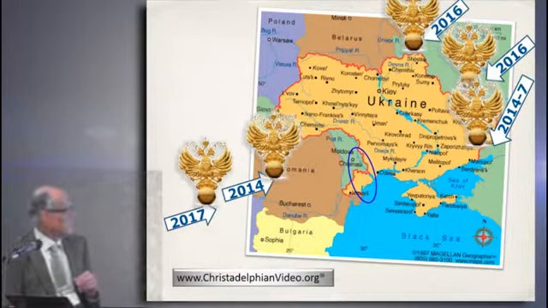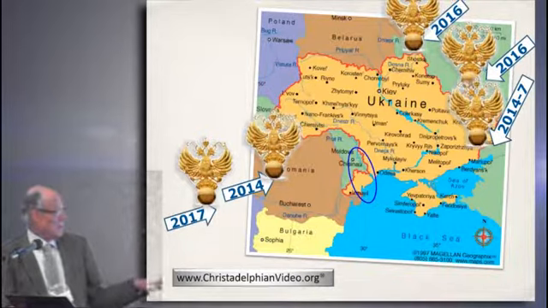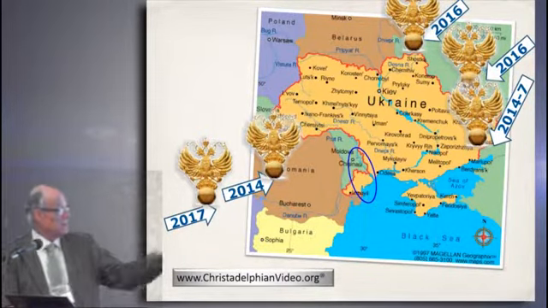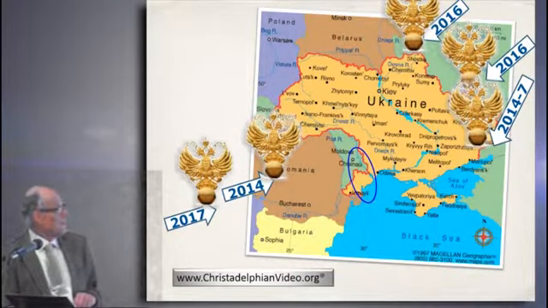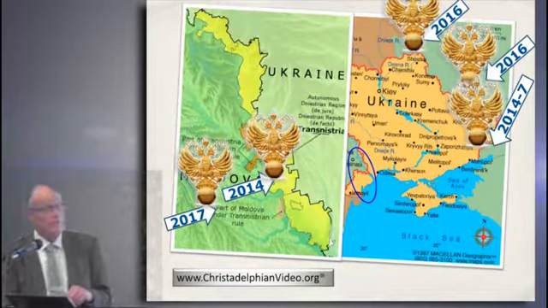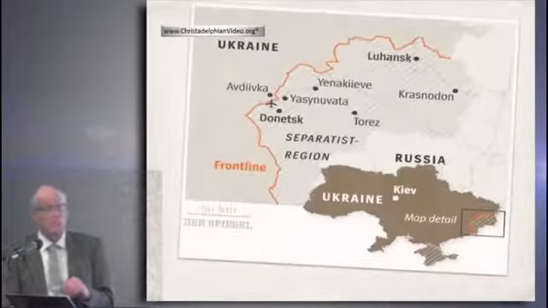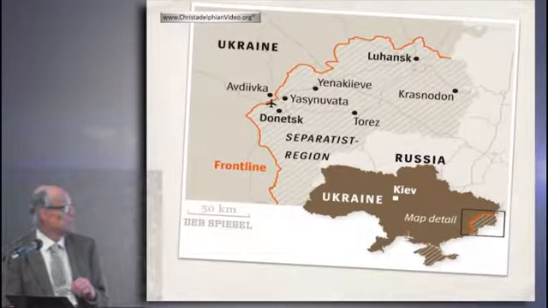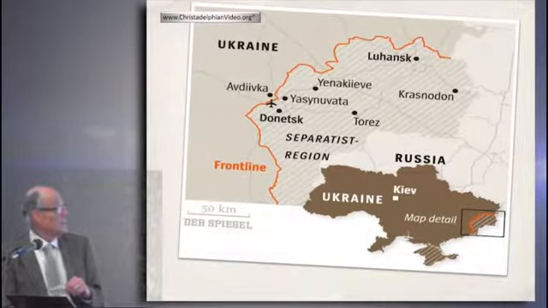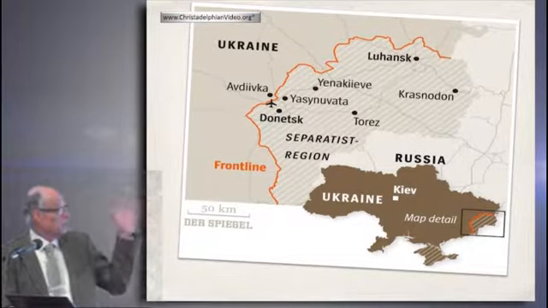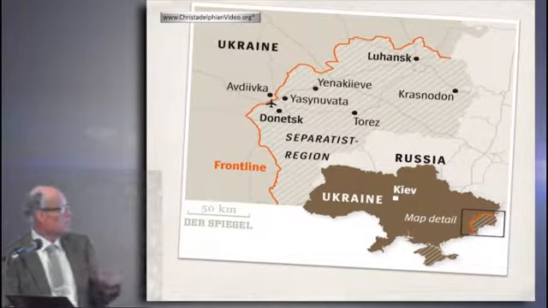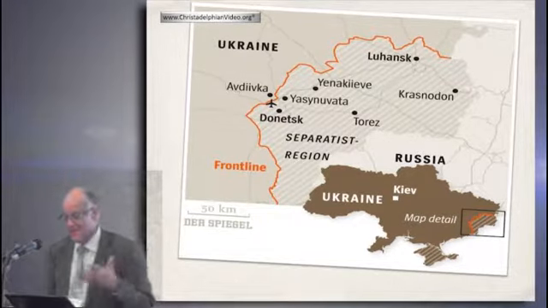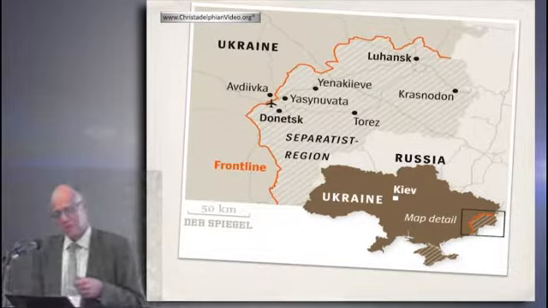And down in Crimea, there's the detail of the eastern zone. We've got brothers and sisters in that region. Life is very difficult for them back under Russian control, and when they go to visit the brothers and sisters who are over in the ecclesia over here, they have to change their currency, and it's very difficult for them.